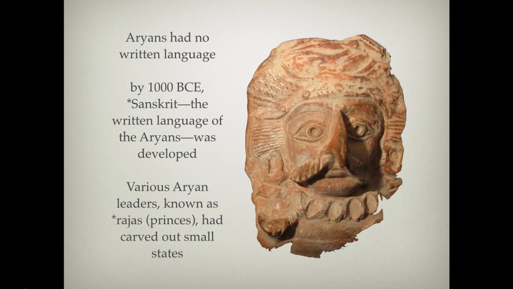Now, here's what's important. The Aryans had no written language. They had a spoken language, but they had no writing system. By 1000 BCE, 500 years after their initial impact and incursion into the Indian subcontinent, we see a melding between these two people groups. And we can see this primarily through a written language, which is known as Sanskrit.